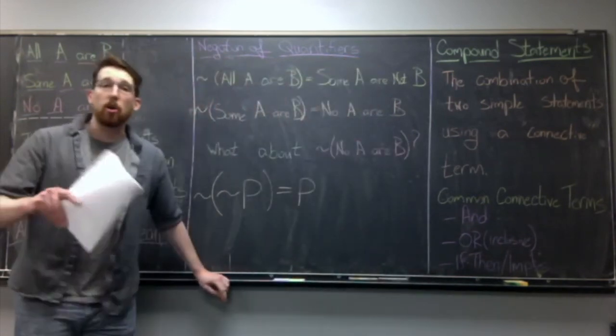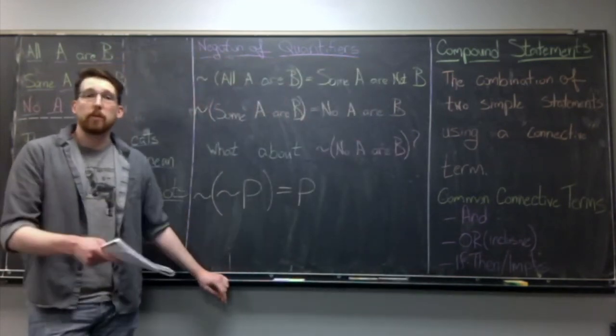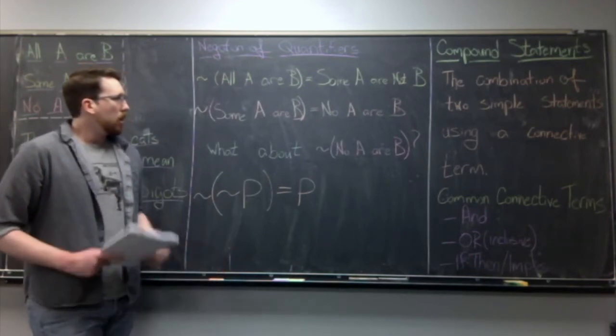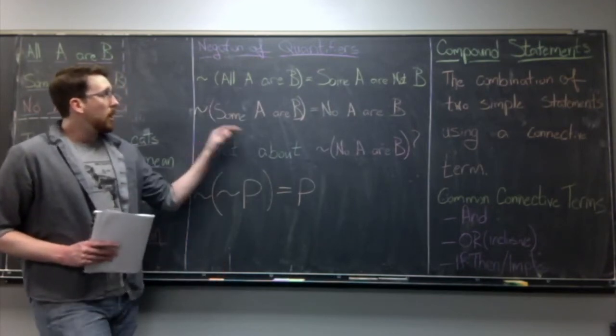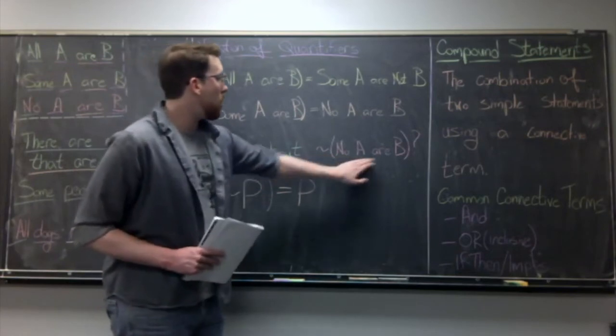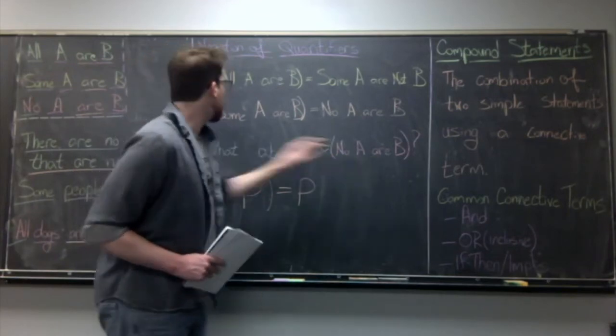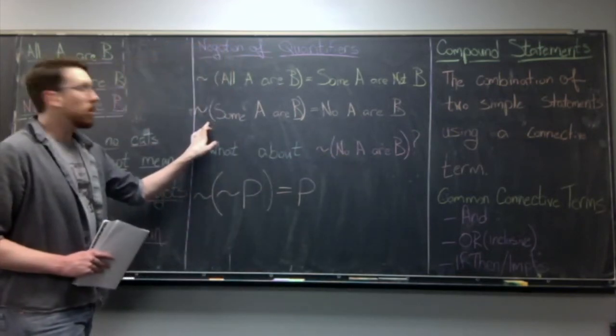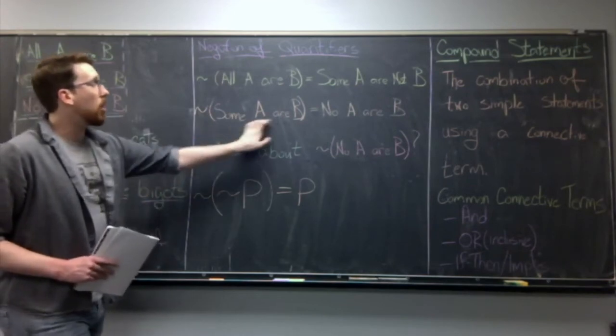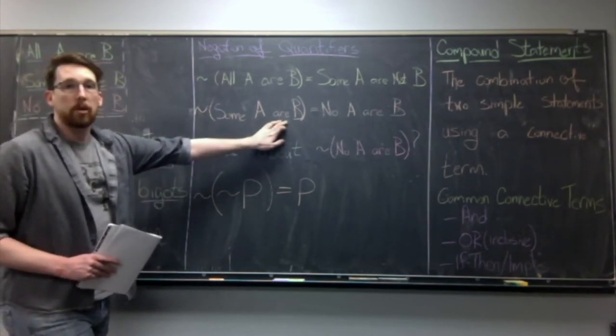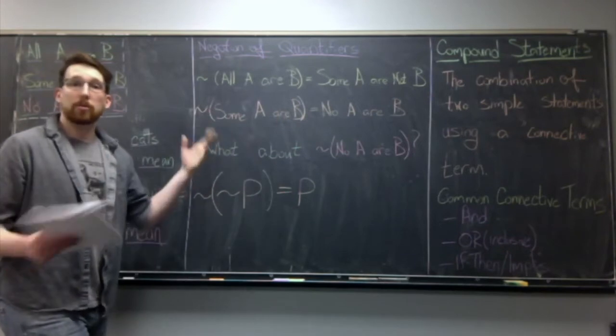Double negations are equal to whatever the original statement was. So notice, if we negate "no A or B," that's really the double negation of "some A or B." So that would be equal to "some A or B."